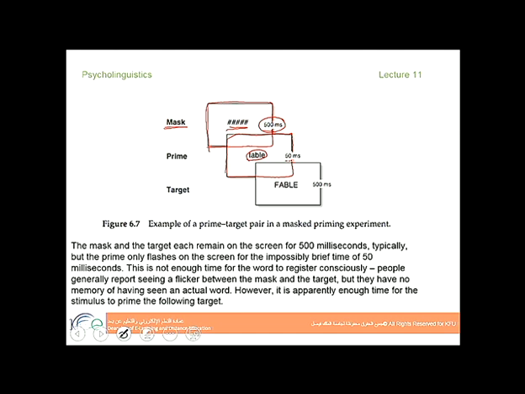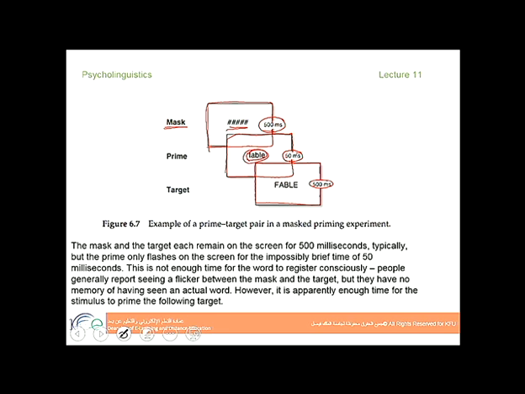And then after that, I show the target, the word that I want to use, like fable or table. All right? And then I show it for 500 milliseconds. And then I ask this question. Now I showed this prime table for 50 milliseconds, which is impossible to notice consciously.